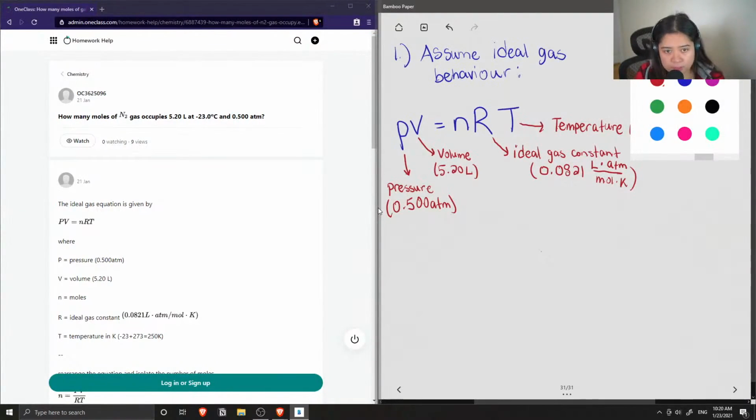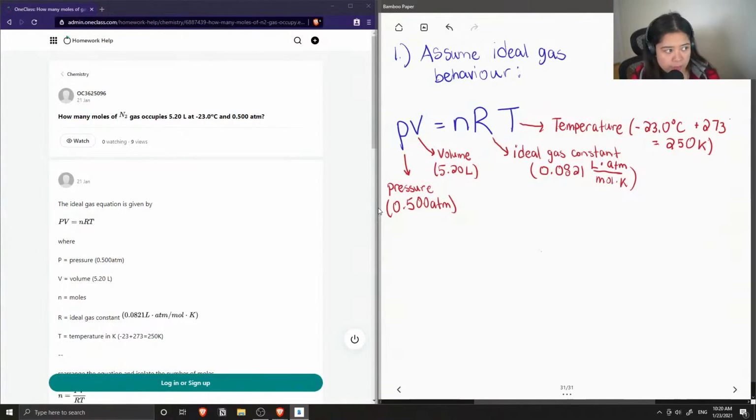Okay, so now let's try to sub in all our values and rearrange this equation so that we solve for the number of moles. So if we rearrange this equation, we get number of moles is equal to PV over RT.